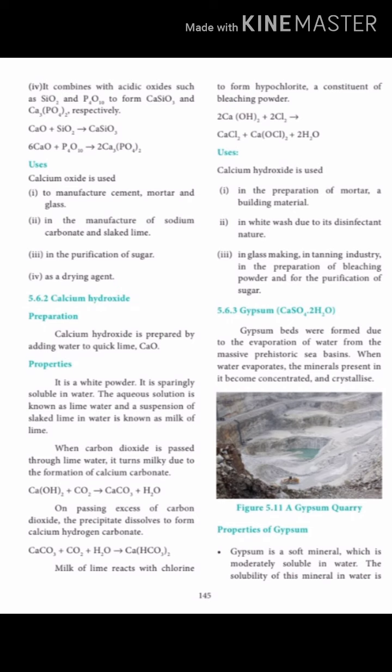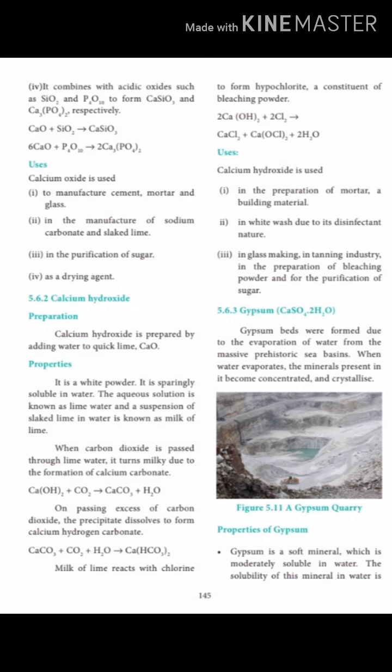Gypsum is usually white, colorless, or gray, but sometimes it can also be found in shades of pink, yellow, brown, and light green, mainly due to the presence of impurities. Gypsum crystals sometimes occur in a form that resembles the petals of a flower. This formation is referred to as desert rose, as it mostly occurs in arid areas or desert sites.